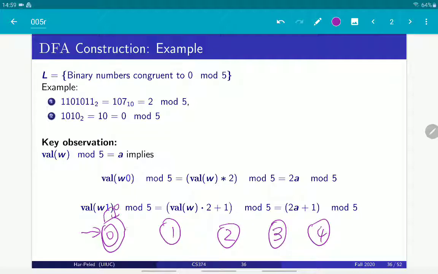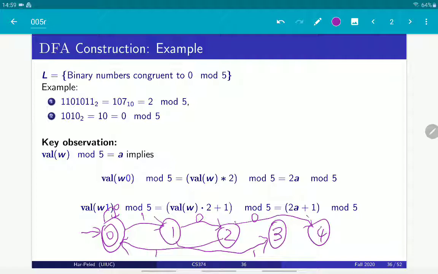If I get a 1, I go forward. If I get a 0 at state 1, then effectively I'm multiplying the modulo by 2, so I go to 2. If I get a 1, I jump to 3. If I'm at 2 and I get a 0, then the modulo jumps to 4. If I get a 1, then I have to go back to 0. It's like I multiply the modulo by 2 and then add 1.